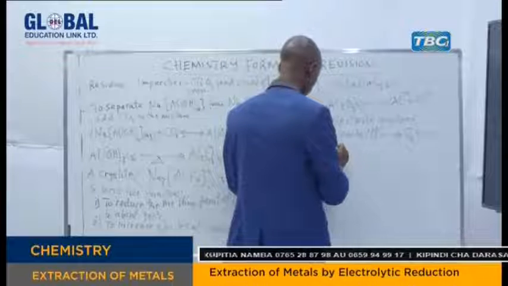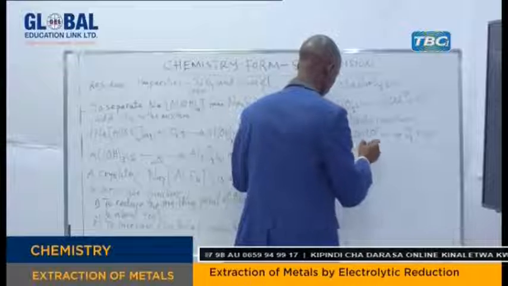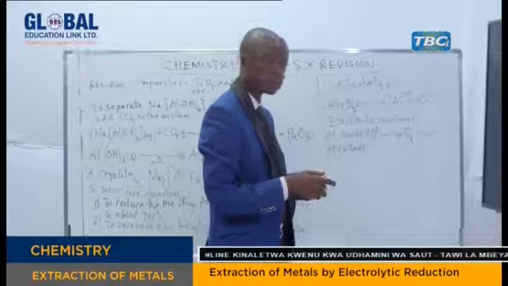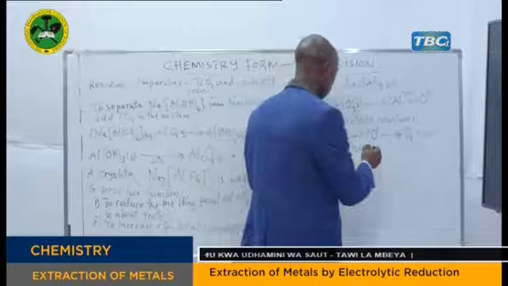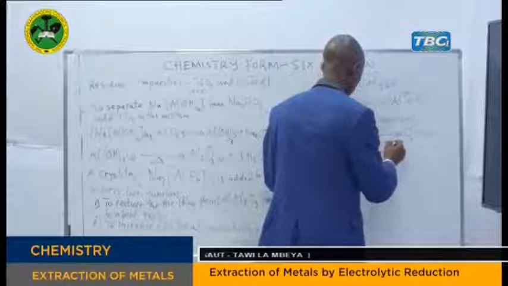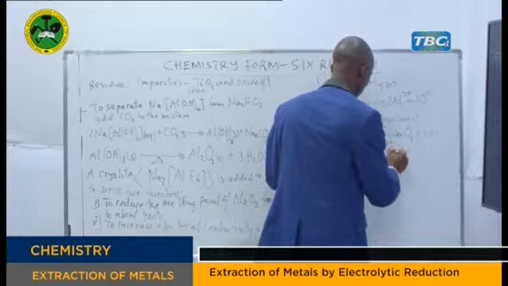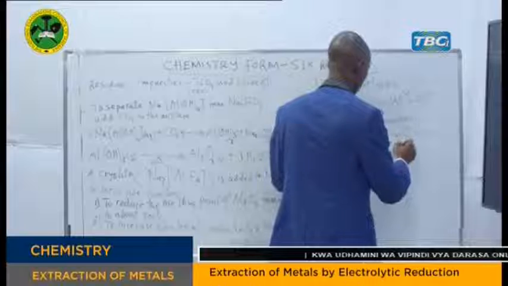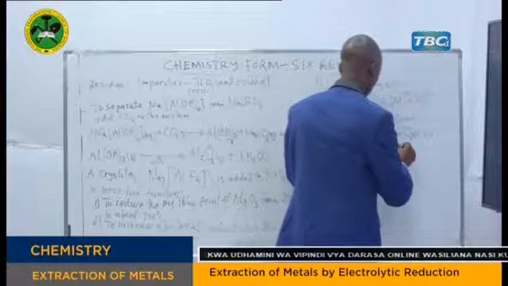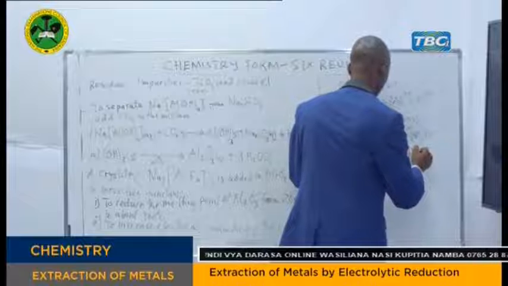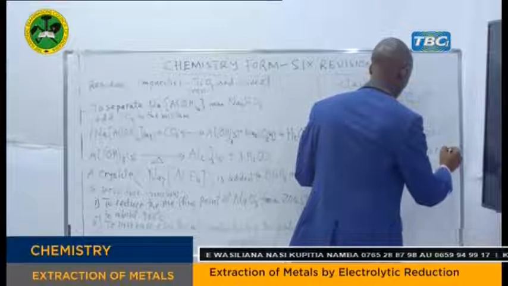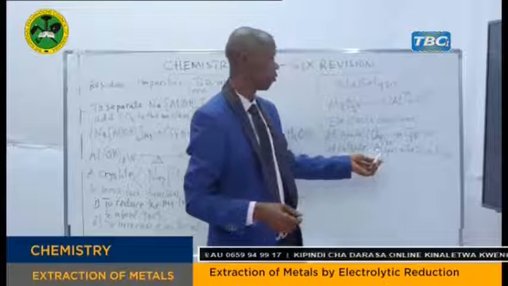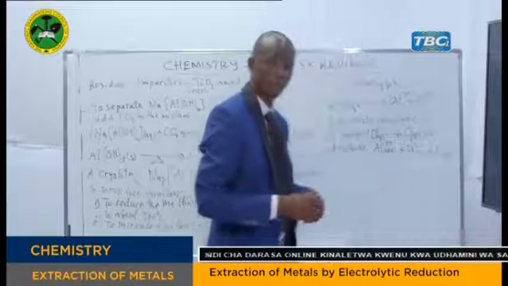And at the cathode, here this aluminium ion will be discharged. The equation will be as follows. So you can see this aluminium ion will be discharged and form aluminium metal.